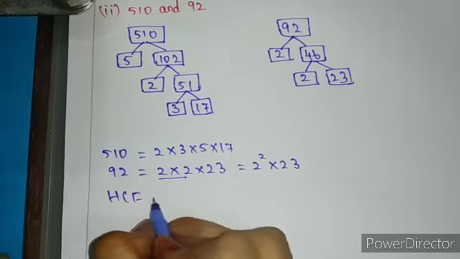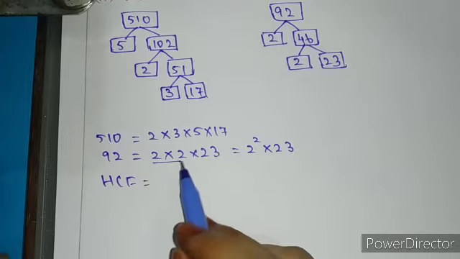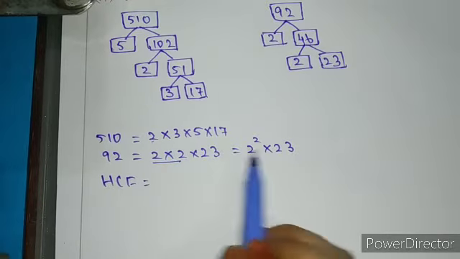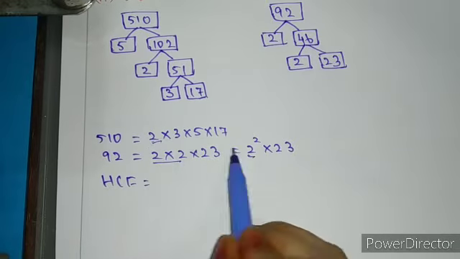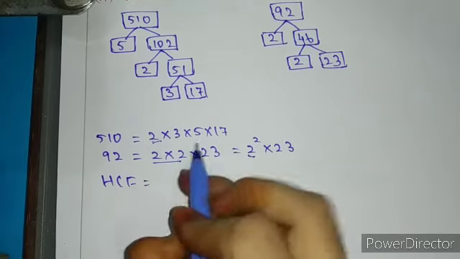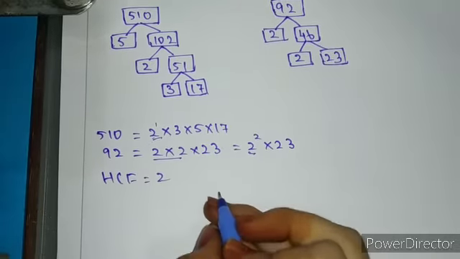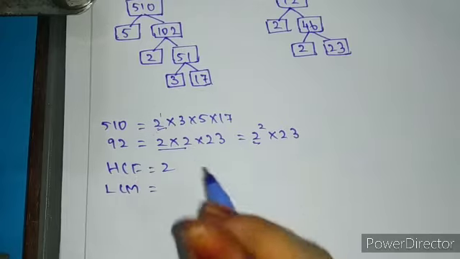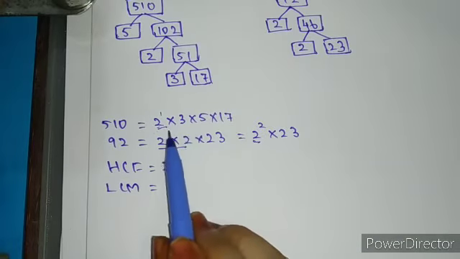Now HCF is equal to, we know, the smallest power of each common prime factor. The common prime factor in these two numbers is 2. Only 2 is common, and we have to consider the smallest power. So 2 power 1 is the smallest, so HCF is equal to 2. And LCM is the greatest power of each prime factor.